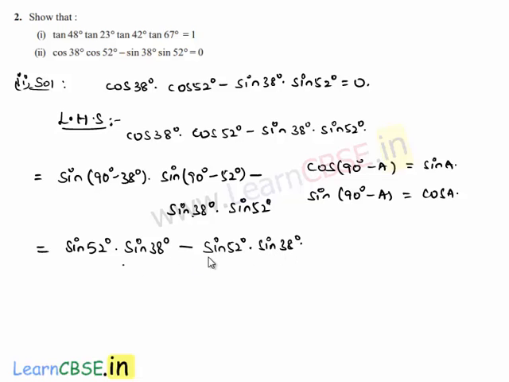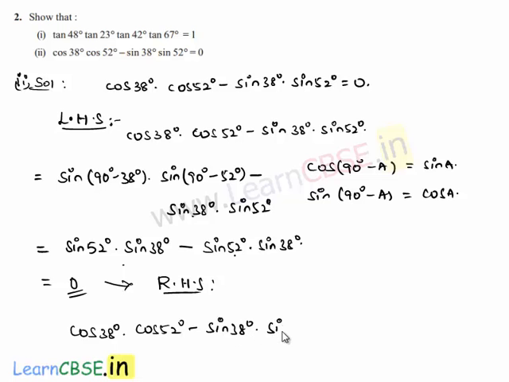As it is a difference of the same quantities, the difference will be equal to 0, which is nothing but our right hand side. So here as LHS is equal to RHS, we can say cos 38 degrees into cos 52 degrees minus sine 38 degrees into sine 52 degrees is equal to 0.